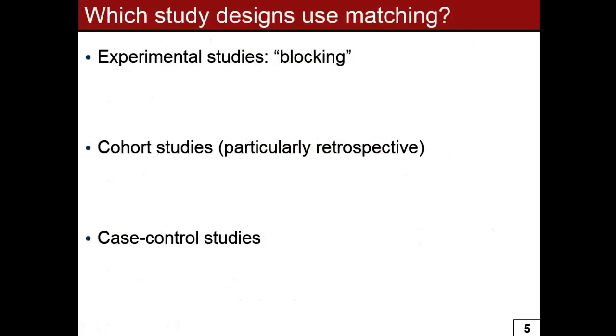Matching can be used in any situation, and it's called different things. In experimental designs, it's called blocking, and this was the original use of matching, way back in the early 20th century, when a lot of modern statistical inference was being developed. None of this existed more than a century ago.